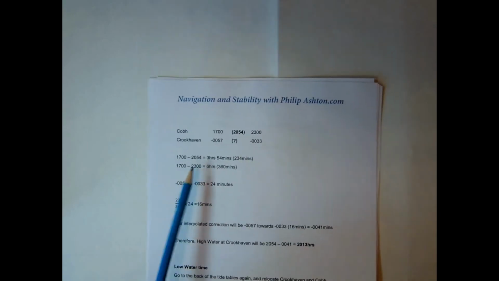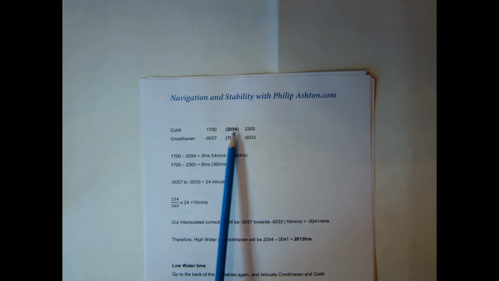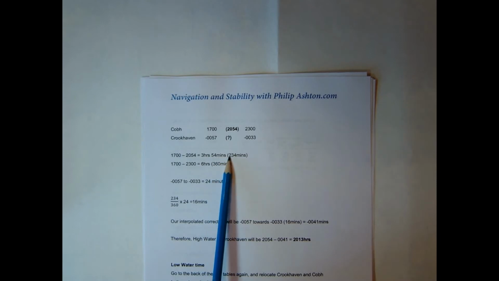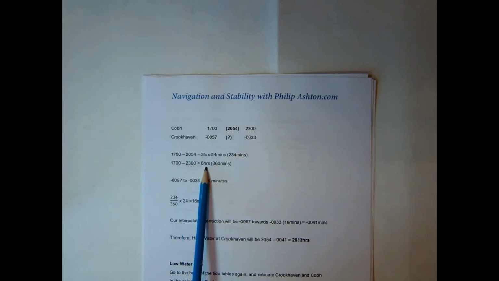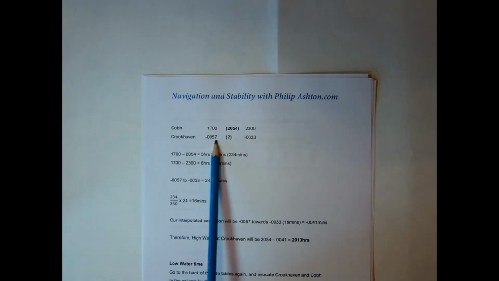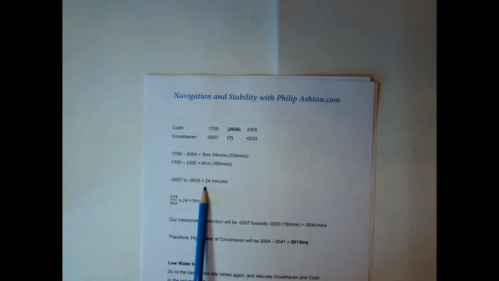Doing the maths, between 1700 and 2054, because I'm going this way with my interpolation, is 3 hours 54 minutes. I'll convert to minutes. 17 to 23 total is 6 hours, 360 minutes. And the difference between our corrections, because that's what we're looking for, this value here, is 24 minutes.